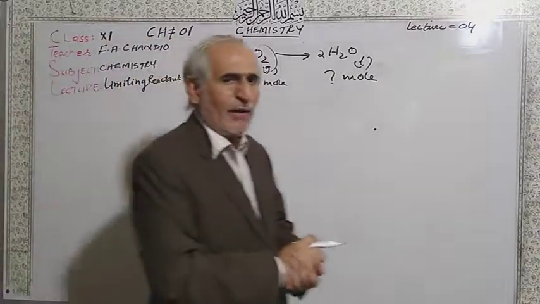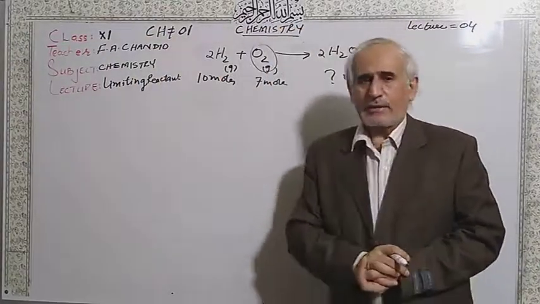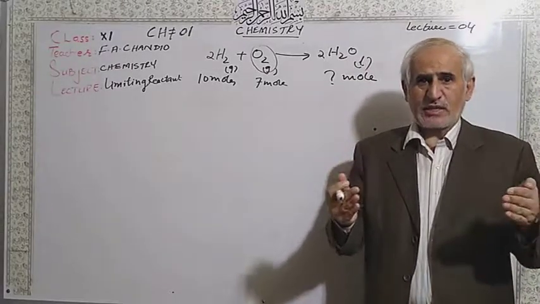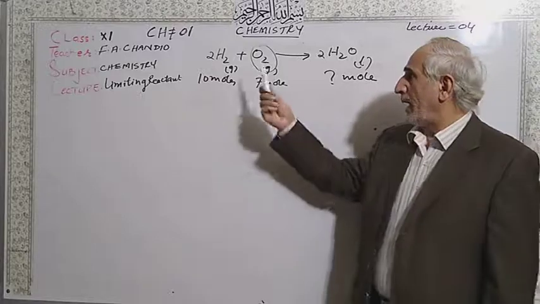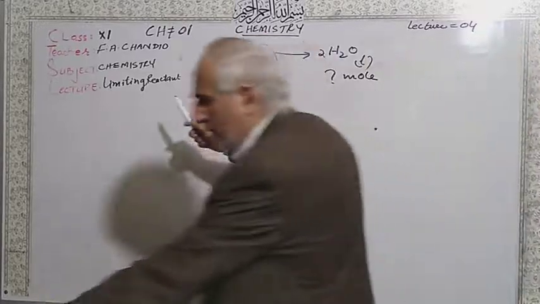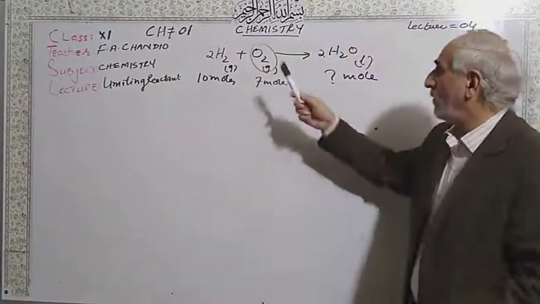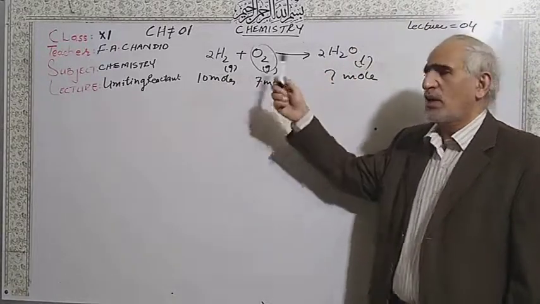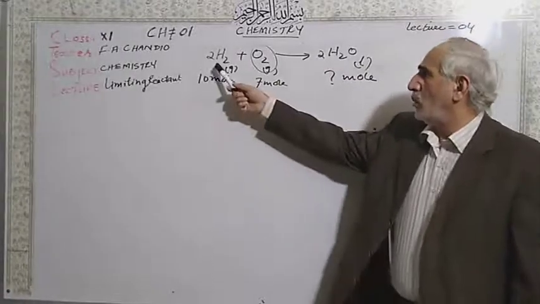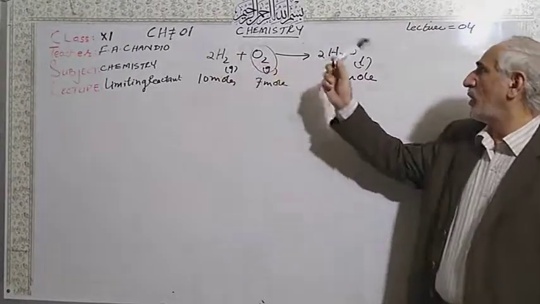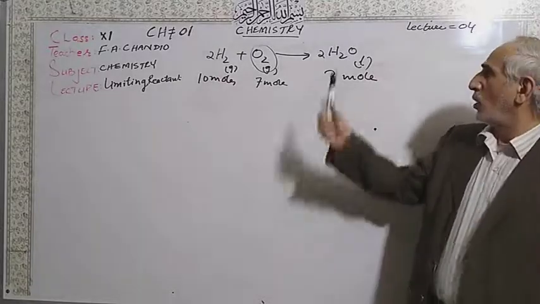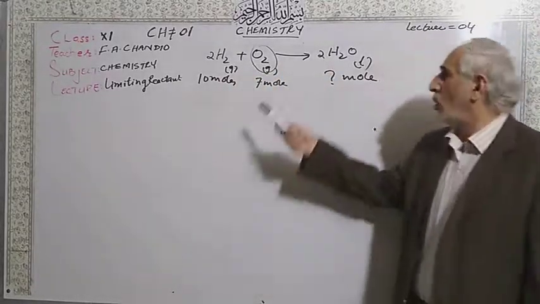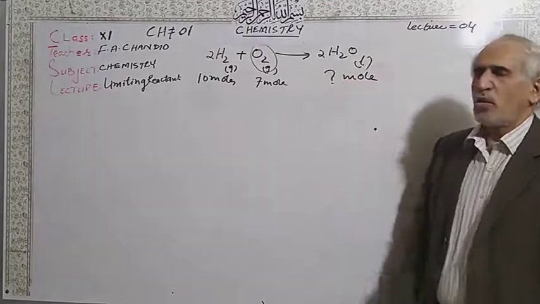Dear students, we did the conversion factor, but here is a difference. In the previous examples, one quantity was given either from the reactant side or from the product side, and we calculated the other. For example, moles of hydrogen was given and we calculated moles of water, or moles of water was given and we calculated moles of hydrogen, or moles of oxygen was given and we calculated moles of water.